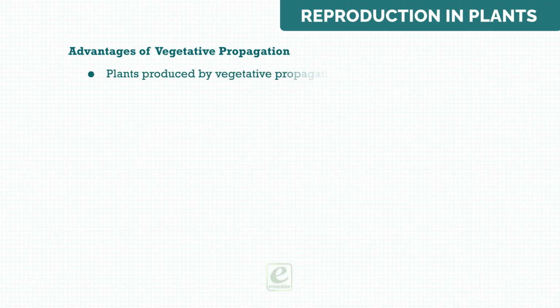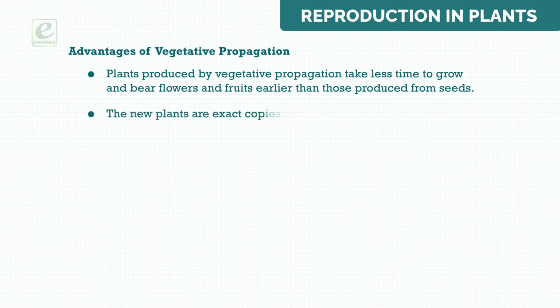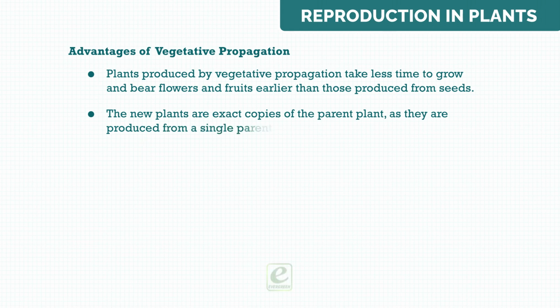Advantages of vegetative propagation. Plants produced by vegetative propagation take less time to grow and bear flowers and fruits earlier than those produced from seeds. The new plants are exact copies of the parent plant as they are produced from a single parent.